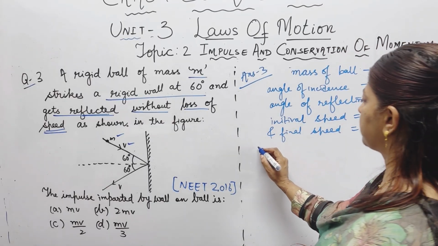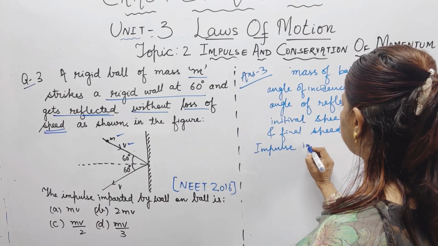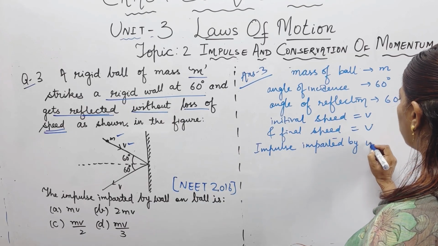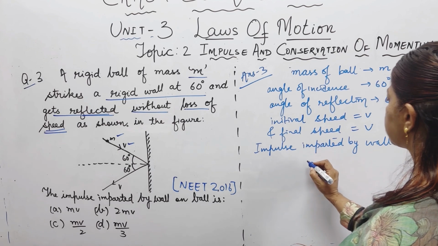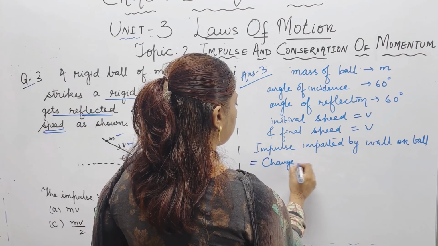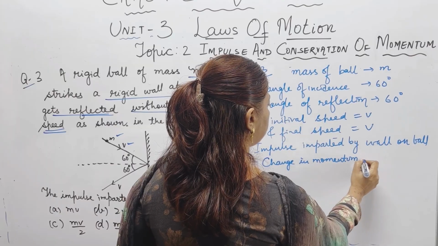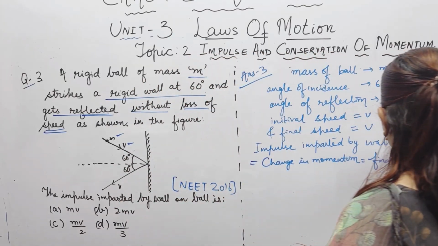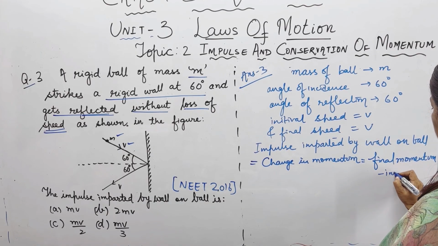The impulse imparted by wall on the ball is given by change in momentum, that is final momentum minus initial momentum.